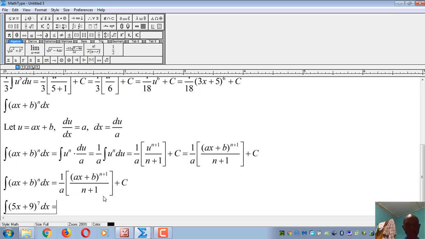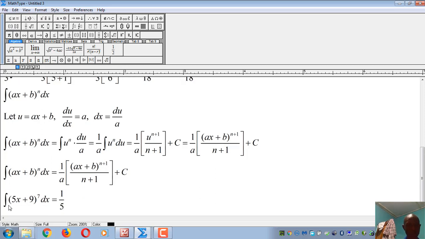According to the formula, it's 1 over a, and our a here is 5, so that's 1 over 5 times (5x + 9) raised to the power of 8, because n is 7, so n plus 1 is 8, and then plus c.